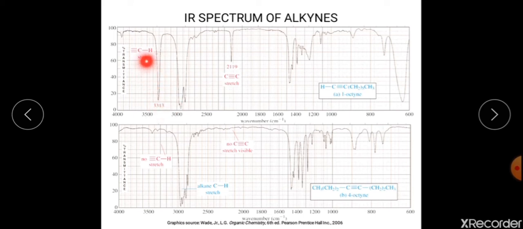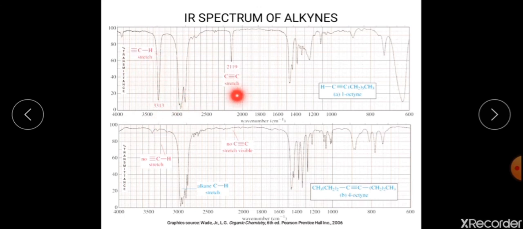In case of alkene, the double bond carbon hydrogen stretching vibration appeared at 3000 to 3100 centimeter inverse, but here it appears at more than 3300 centimeter inverse. So this is the case in alkyne.